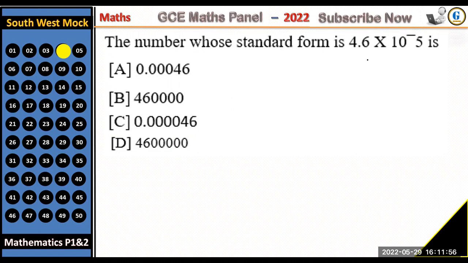So let's look at these numbers. Normally, if we multiply by 10 to the power minus 5, we are going to have minus 1, minus 2, minus 3, minus 4, and minus 5.